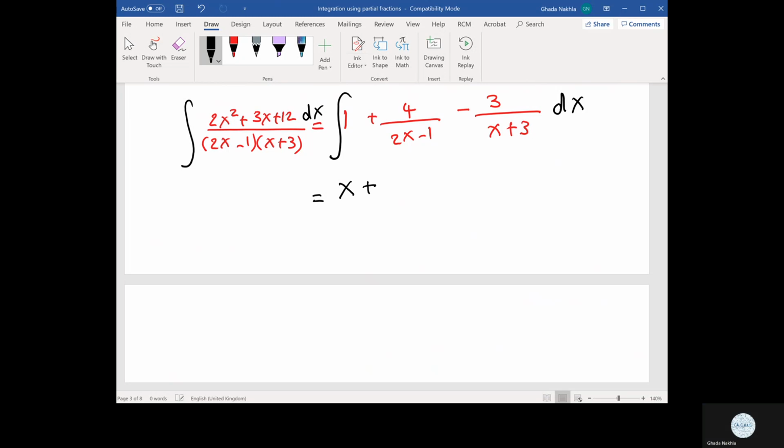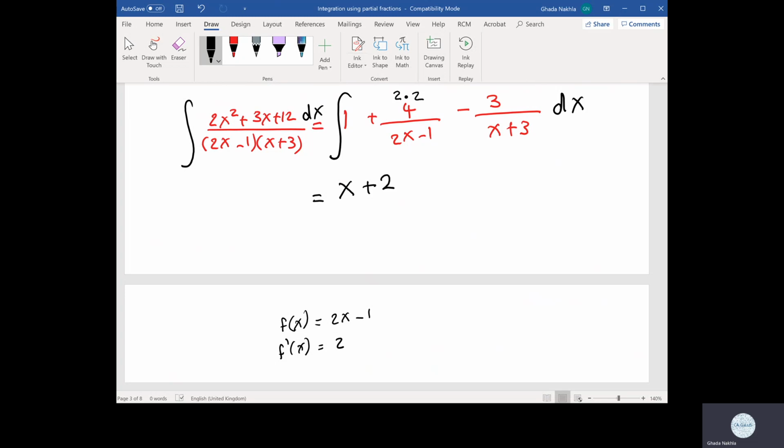Plus, I am going to break down this 4 into 2 times 2. So I'm going to have the numerator as the derivative of the denominator. If I have f of x as the denominator, which is 2x minus 1, therefore f dash of x is equal to 2. So if the top is the derivative of the denominator, therefore it's ln f of x. So it's going to be 2.